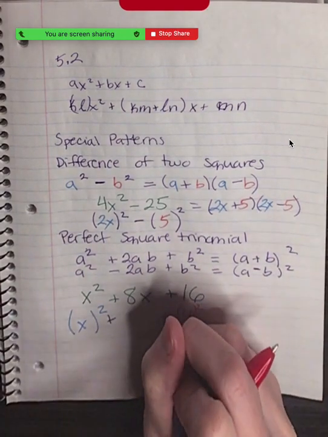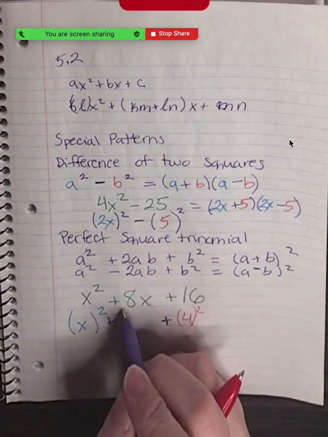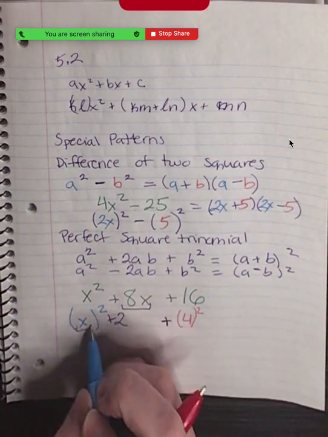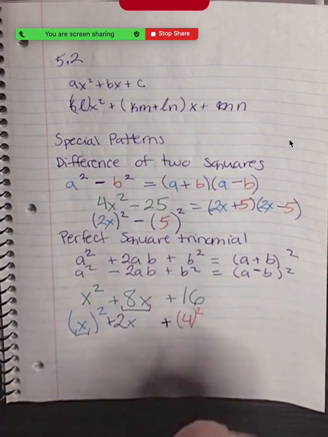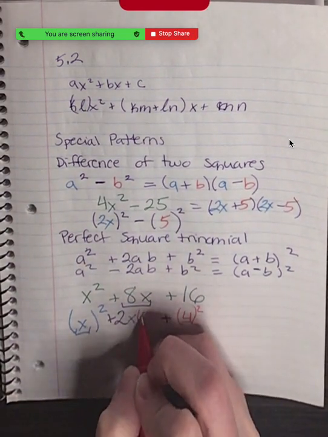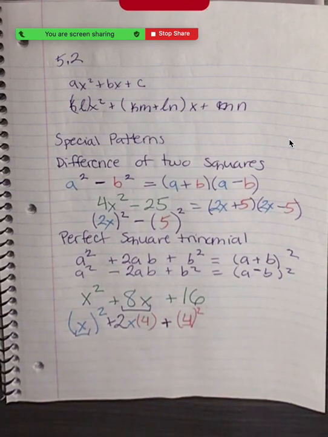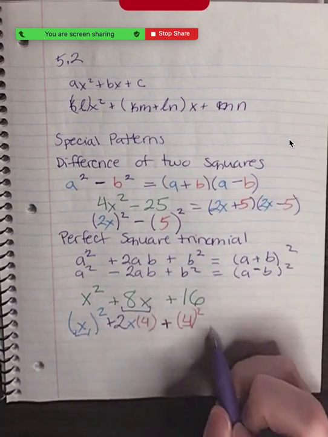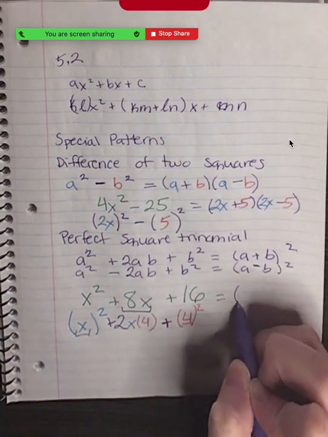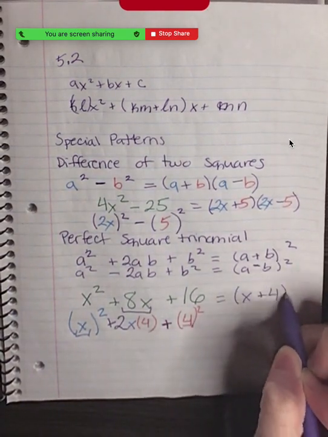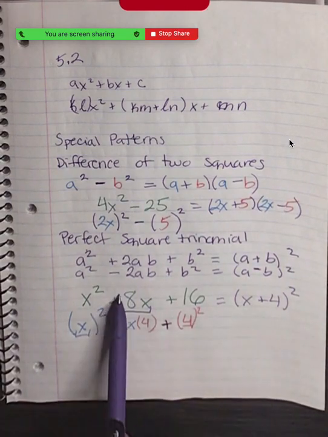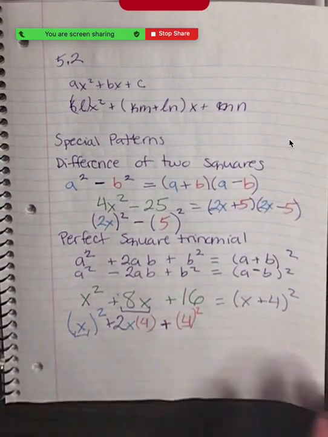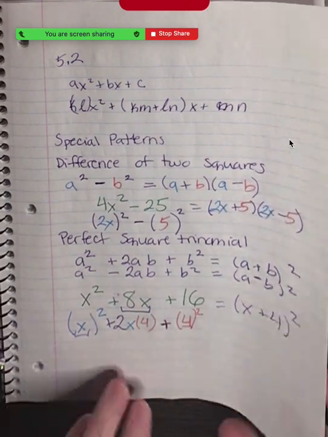Okay, then you want to check to see if this middle term is twice this first one that's squared times the second one that's squared. So 2x times 4. And they are. So that's a perfect square trinomial. So we can say, okay, that's going to factor to the first plus the second squared. And it's plus because it's plus here. If this was minus, you would put a minus there.